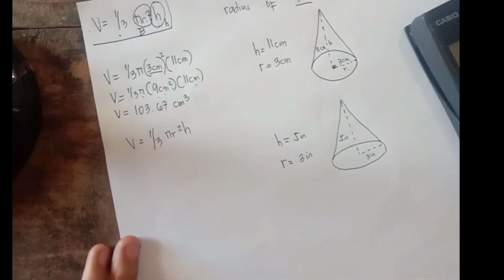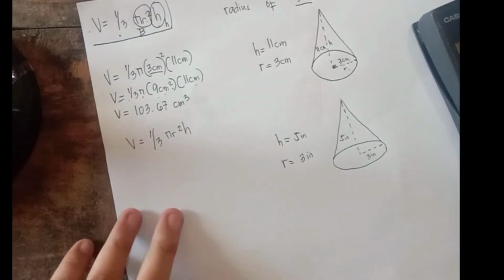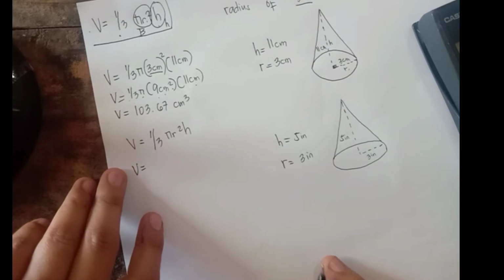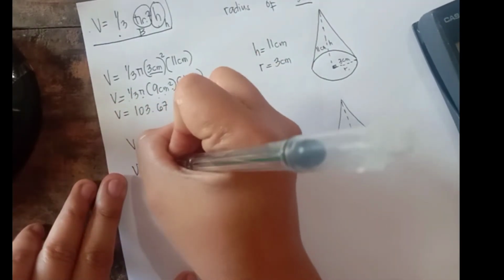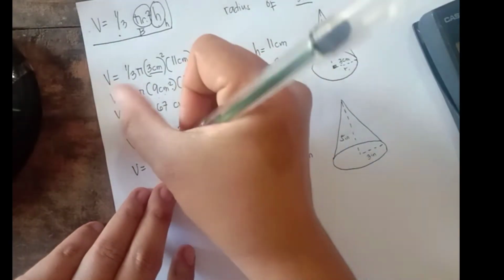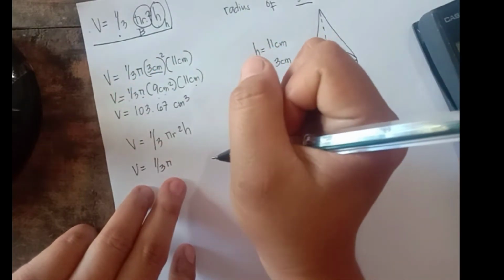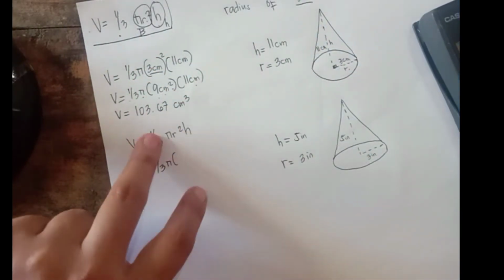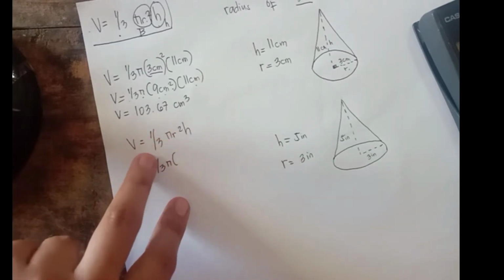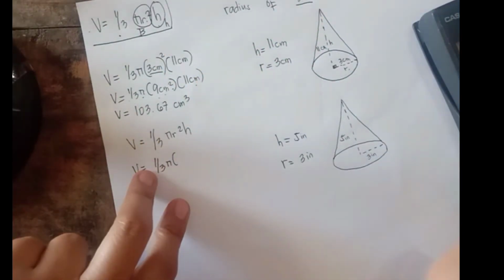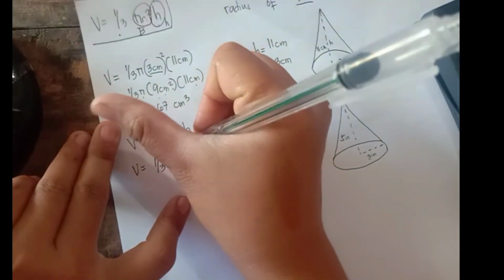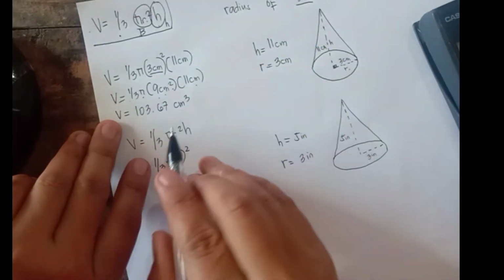Now, ato anang i-simplify kung unsa ang volume sa cone. Next, volume is 1/3 times pi times yung r natin. Unsa nga to ang r? Okay, 3 squared since may squared dito.